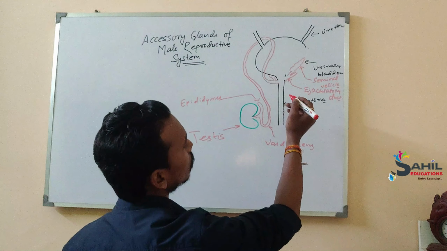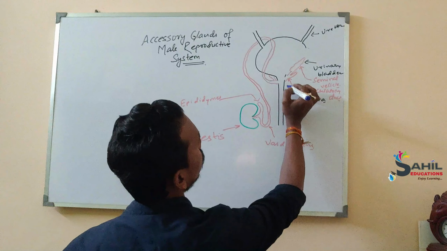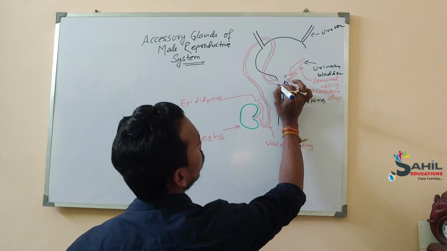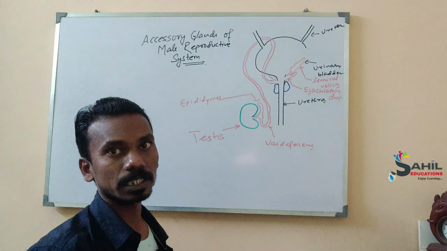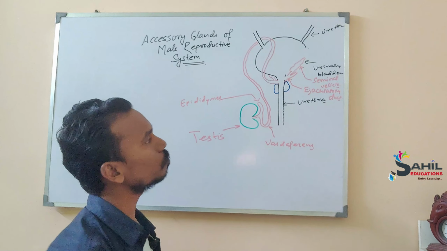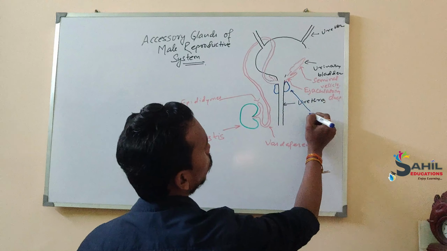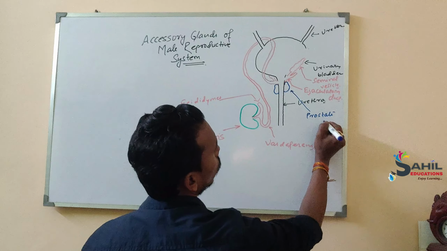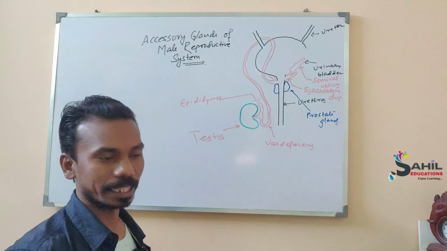After this there is another gland, which is present just inferior to the seminal vesicle. Remember this, just inferior to the seminal vesicle, and this gland is known as the prostate gland.